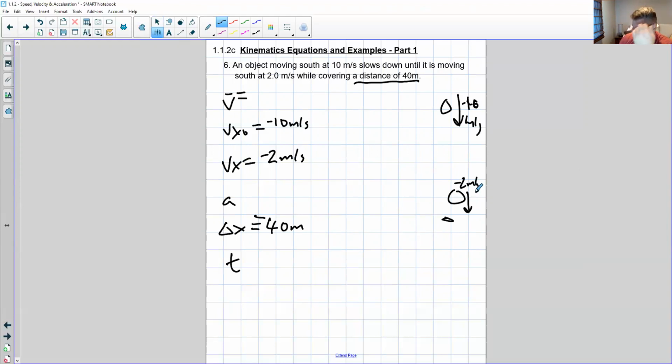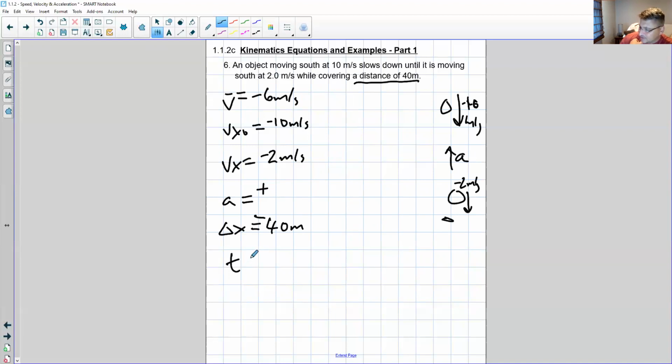What does this tell us about the acceleration? Well, if we're going south and we're slowing down, that means we have to have an acceleration that points to the north, and therefore whatever acceleration we calculate here is going to have to be a positive quantity. I can calculate the average speed. That's pretty easy. It's simply negative 6 meters per second, the average of those two velocities.